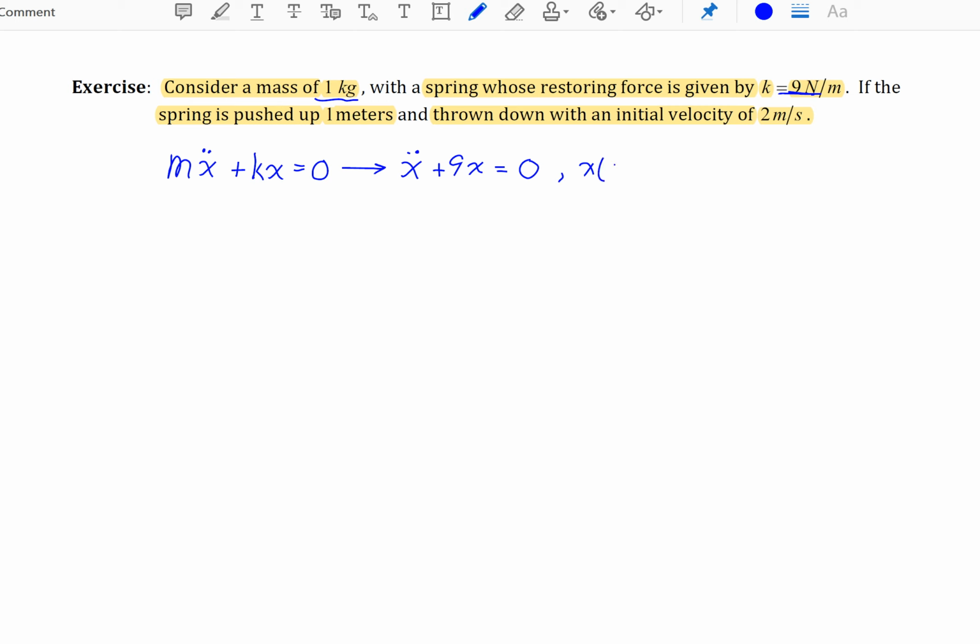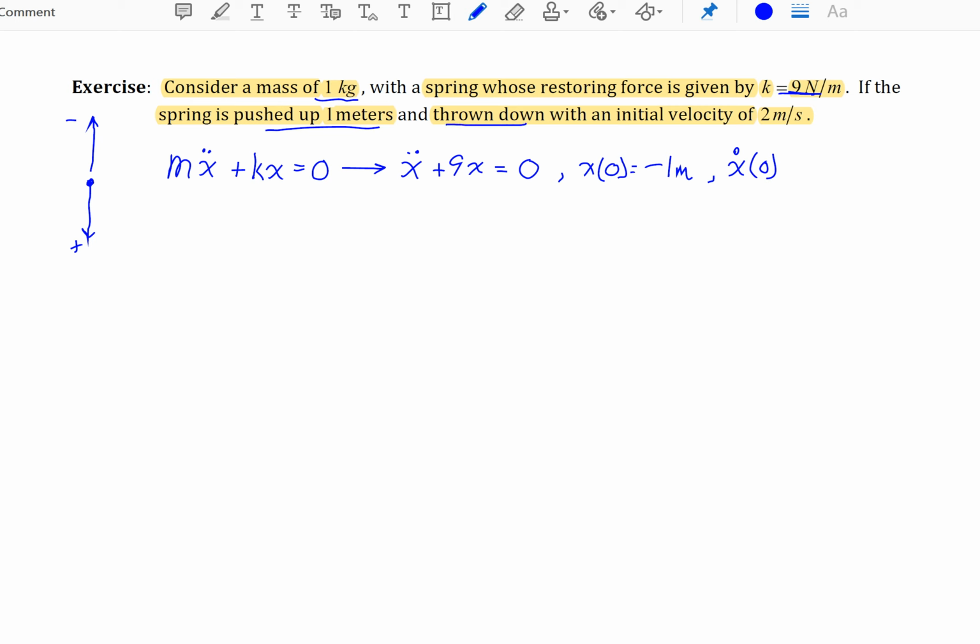Our initial position, x of 0. Now they say it's pushed up 1 meter, but remember when we're describing motion, down is the positive direction, which means up has to be the negative direction. Since it's pushed up, our initial position is negative 1 meter. Our velocity at time 0.